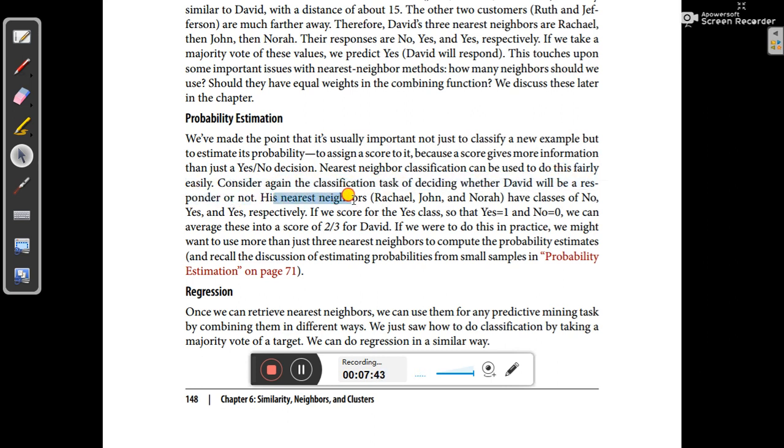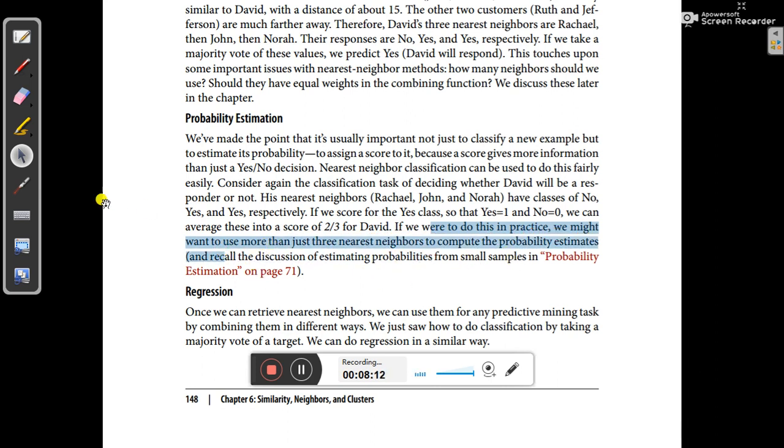His nearest neighbors, Rachel, John, and Nora, have classes of no, yes, yes respectively. If we score the yes class as 1 and no as 0, we can average this into a score of 2/3 for David. If we were to do this in practice, we might want to use more than just 3 neighbors to compute the probability estimate.